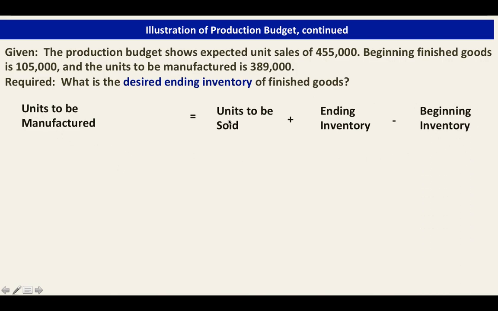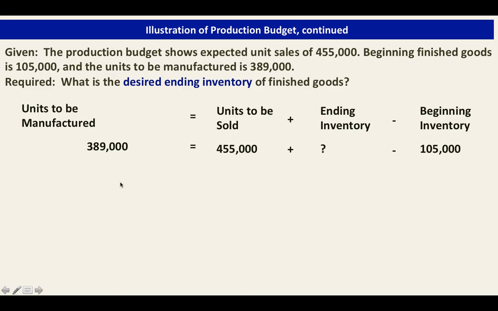Using the formula, which is this, units to be manufactured equals units to be sold plus ending inventory minus beginning inventory. Then if we are doing the substitution, we will have this. And what we are computing will be the ending inventory. We have to use now our algebra, which is the transposition, to solve this.